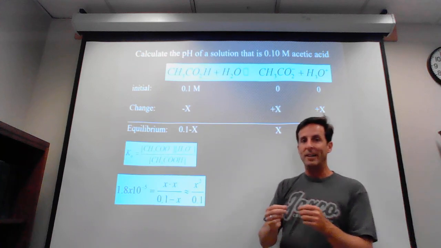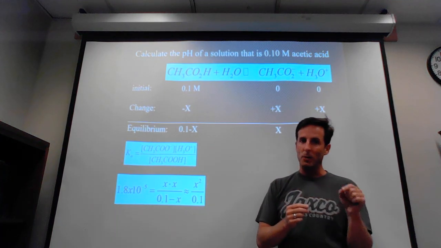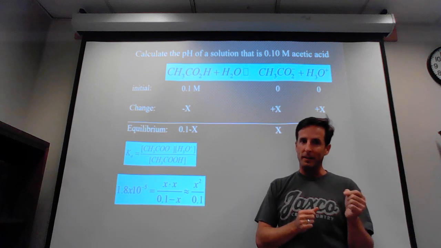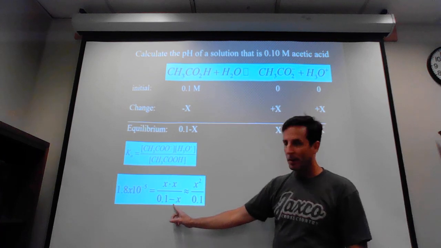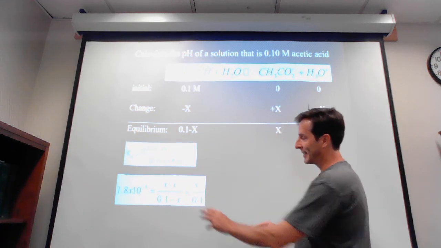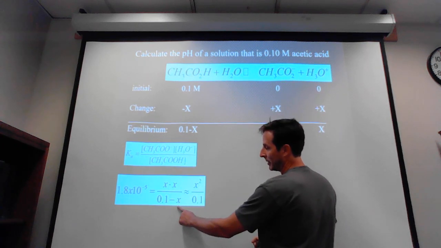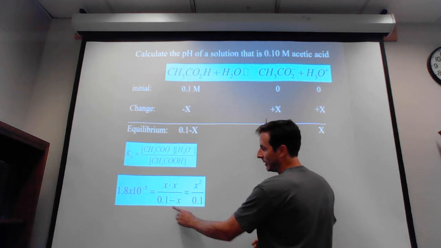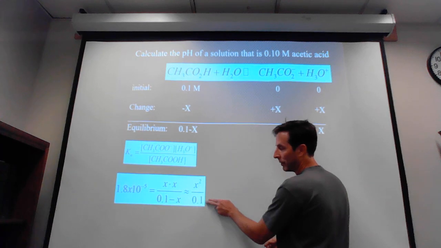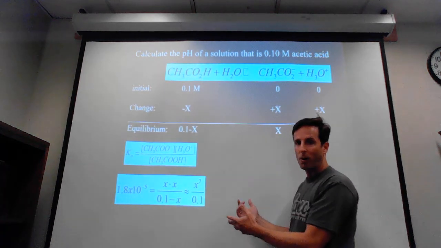Now, if I can make the assumption that the amount of acid that dissociates is insignificant, that lets me drop the minus x from this expression right here. And then that simplifies my equation. Instead of x squared over 0.1 minus x, if I can drop the minus x, then it becomes x squared over 0.1. That's a much simpler expression to solve.